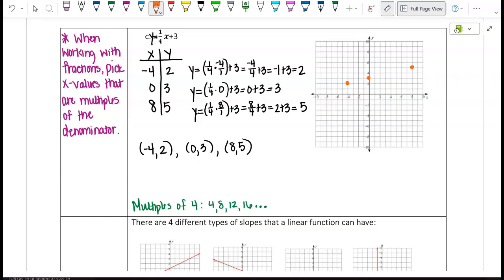And again, if my math is correct, all 3 of those points should be on the same line. And I should be able to take my straight edge, line them all up, and draw my line.